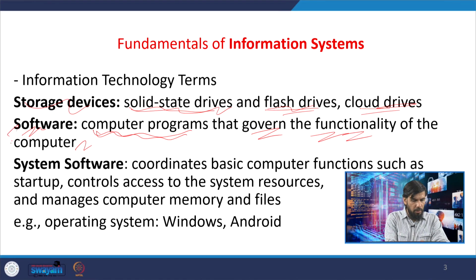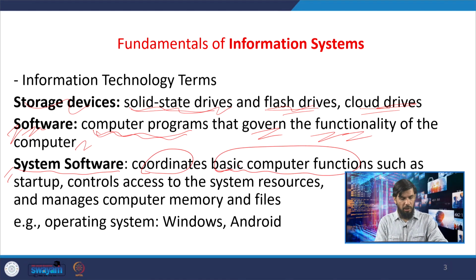Within software there are multiple types by which we can categorize it. One is system software. What is system software? It coordinates basic computer functions such as startup, controls access to system resources, and manages computer memory and files.